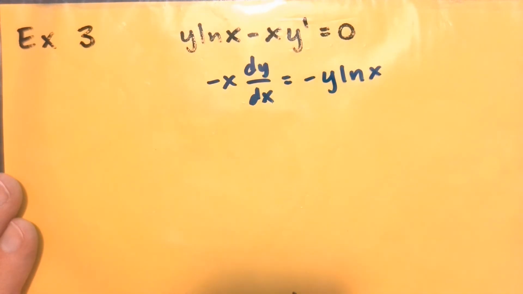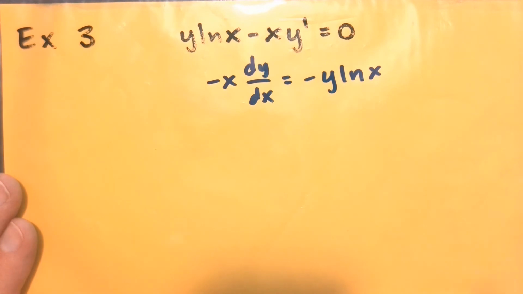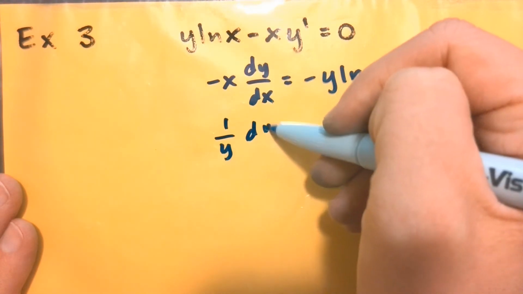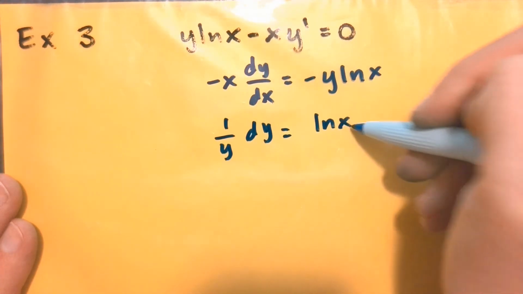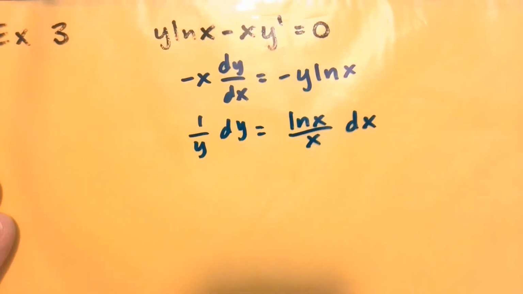I can divide both sides by negative y. And in fact, when I do that, I can divide all of it by just a negative to get rid of the negatives here. So I'll just have a positive 1 over y, my natural log of x over x. And I'm going to move my dx while we're at it.